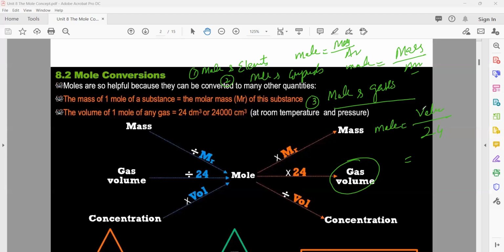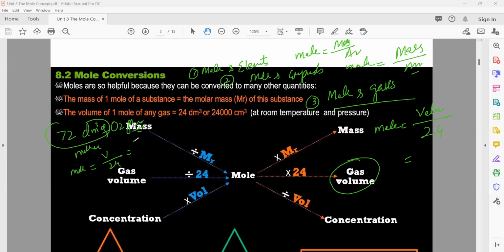Now if they say there is a gas, for example, the question is: you have 72 cubic decimeter of oxygen gas. How many moles of oxygen are there in 72 cubic decimeter? So you will simply use mole equal to volume over 24.